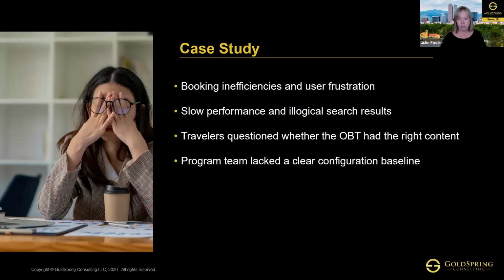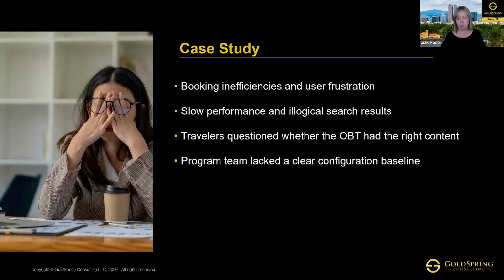Over time, those individual issues began to affect performance, traveler confidence, and their ability to understand how the tool was truly configured. The issue was not simply a slow site, even though that was the primary complaint. It was a much broader misalignment among the traveler experience, available content, policy configuration, and program governance.